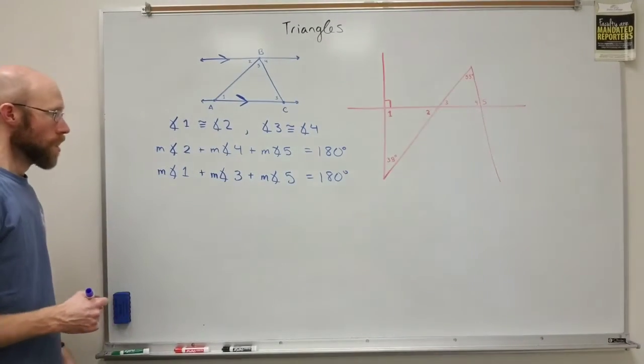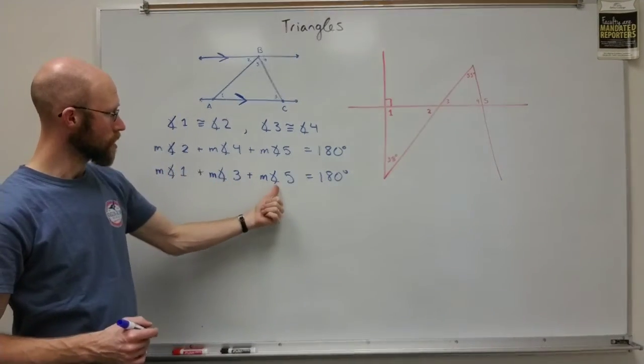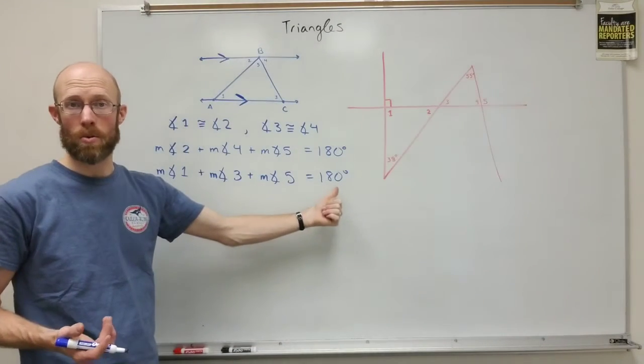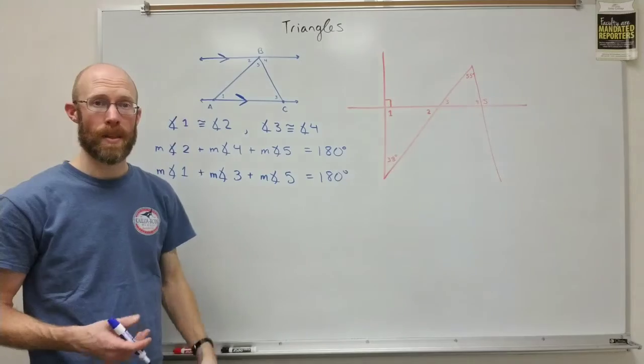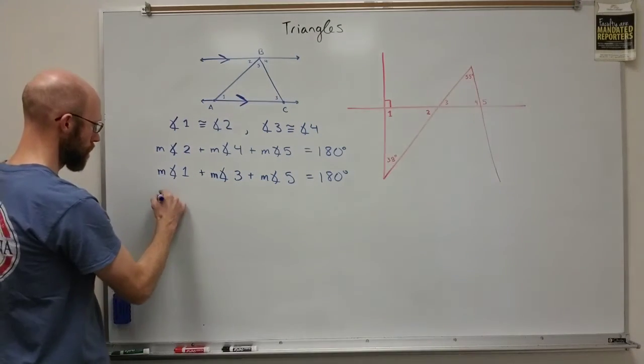And so what we end up with is a theorem that says the sum of the three interior angles of a triangle is always equal to 180. And that's always true no matter what the size or layout of that triangle is. So this is a theorem.